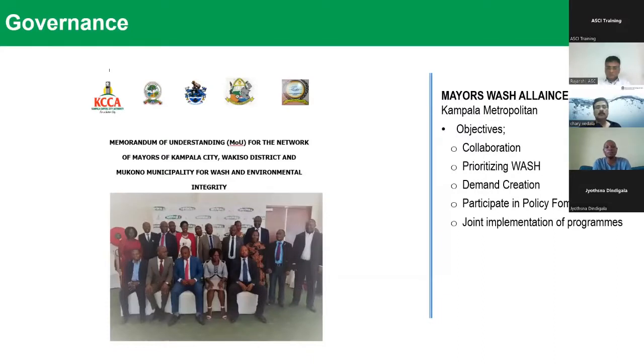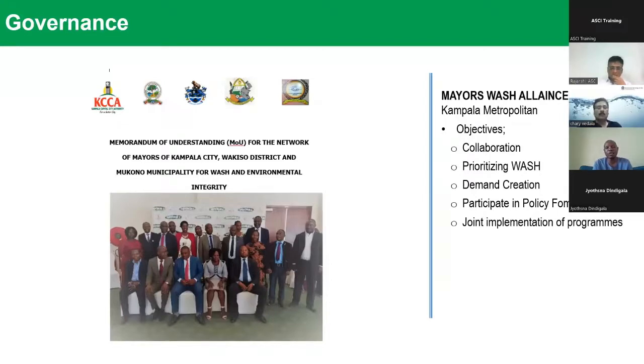Yeah, so I will now highlight a few things. Of course, we did a lot of work, but one of the critical things was governance. You need very strong leadership from the beginning at a city level. The Kampala metropolitan area has a number of jurisdictions in terms of municipalities, so we needed all these mayors to work together to be champions of sanitation improvement and raise the bar of sanitation at the governance level in the councils.